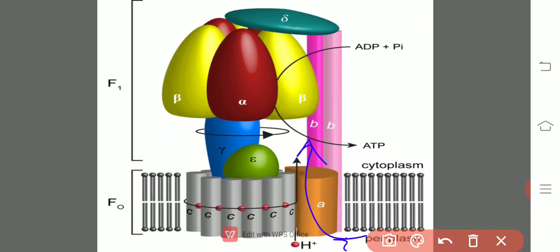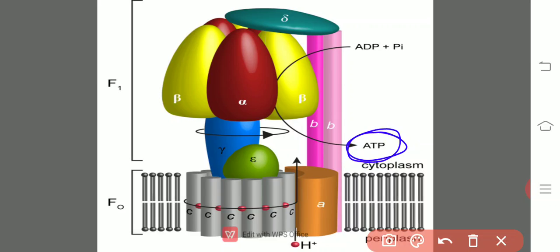Due to this, there will be establishment of the proton gradient on either side of the membrane that tends to release the ATP from the surface of the ATP synthase enzyme.